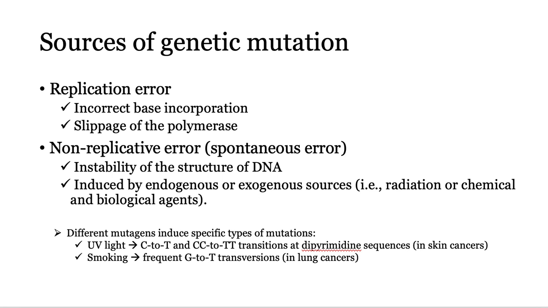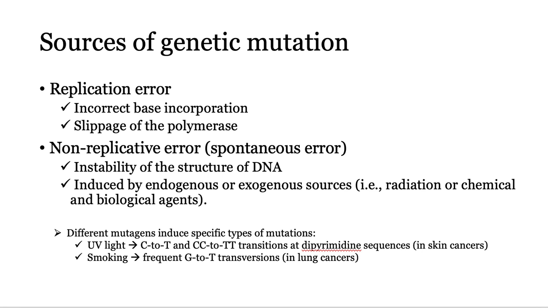So different kinds of factors can trigger mutation, but the types of mutation they trigger are different. For example, UV light can induce mutation, but the kind of mutation is usually C to T or CC to TT mutation. That's why this kind of mutation pattern is usually found in skin cancer patients. Another example is smoking.